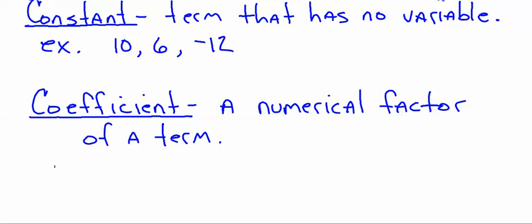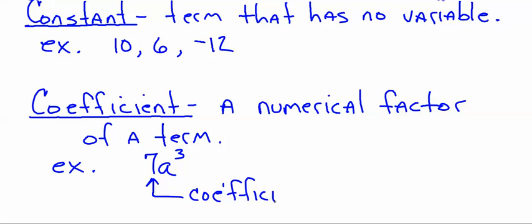So an example, if you got 7a to the third, the 7 is the coefficient. Okay? Because 7a to the third is a term, isn't it? The numerical factor of a term is the number that's leading the term.